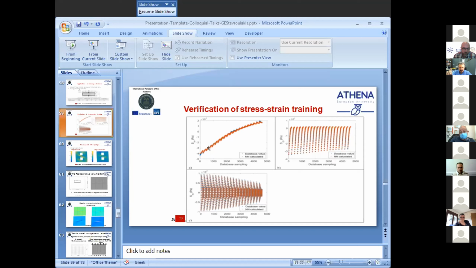That means sigma in the x direction, sigma in the y direction, sigma in the xy direction, etc. This is the simplest you can do. The second is to correlate tensors with tensors without giving any further information. This is what we have done in this paper.